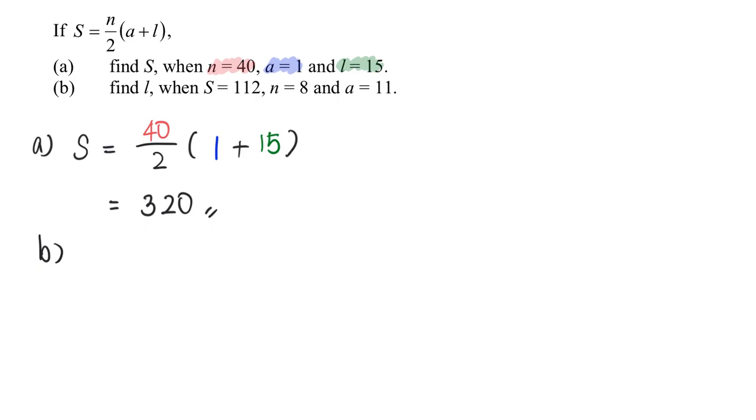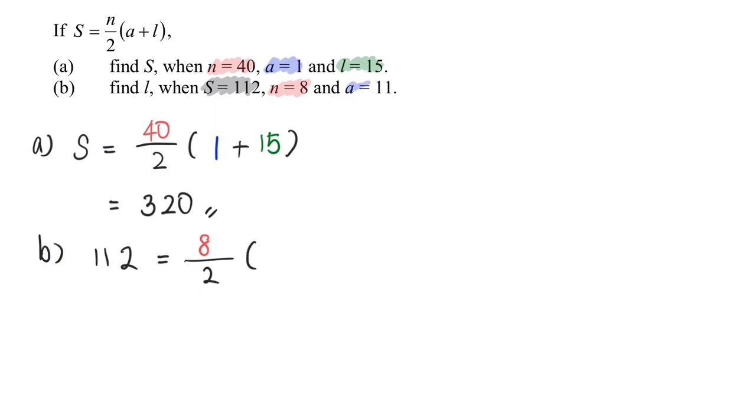Part B. Now we are required to find L given the following S. My S is 112, so I'm going to write 112 equal to my n, which is also given, 8. So it will be 8 over, still got the 2.